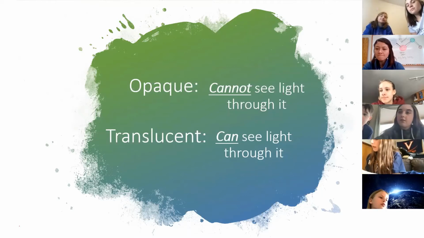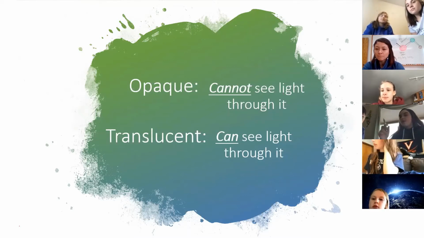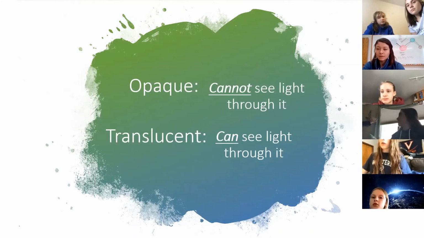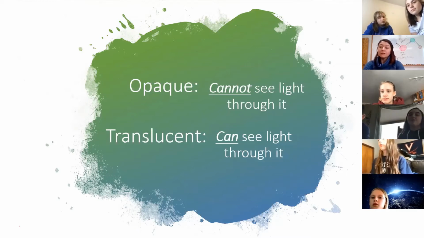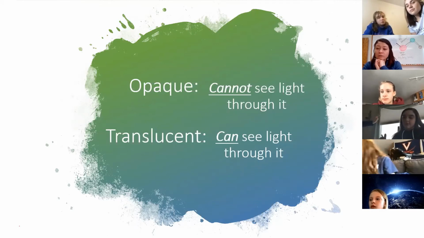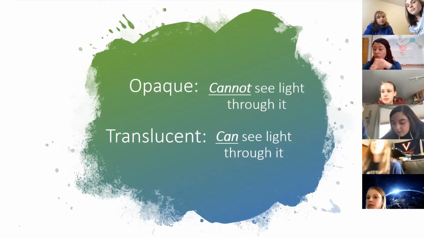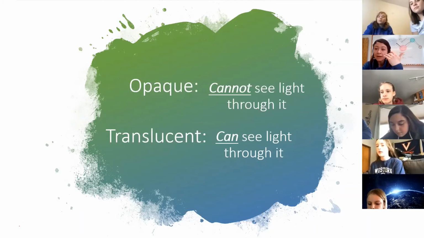Opaque means you cannot see light through it. Right. Good. And I saw, Fritz, that you just held the jelly bean up to the window, and that's a great way to do it, right? So if you hold your jelly bean up to the light, you're going to be able to see, is there some light coming through it?